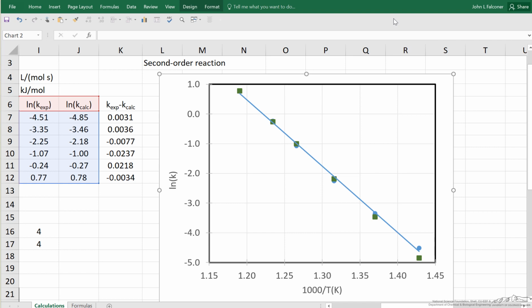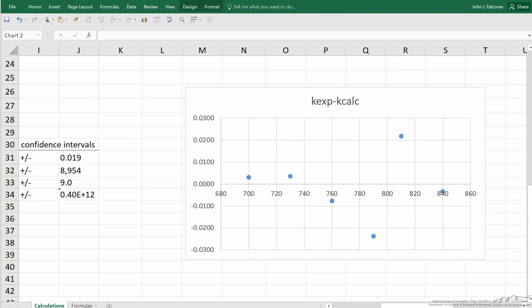The green squares are the data points, and then the blue line and the blue circles are the calculated values, where the blue line is a trend line, a straight line fit through the calculated values. You can also look at the residuals, namely the difference between experimental and calculated value, and see there's no pattern, no trend. It appears to be a random distribution of the errors.